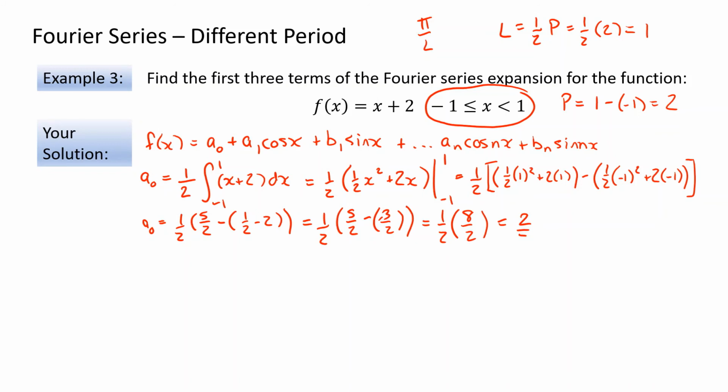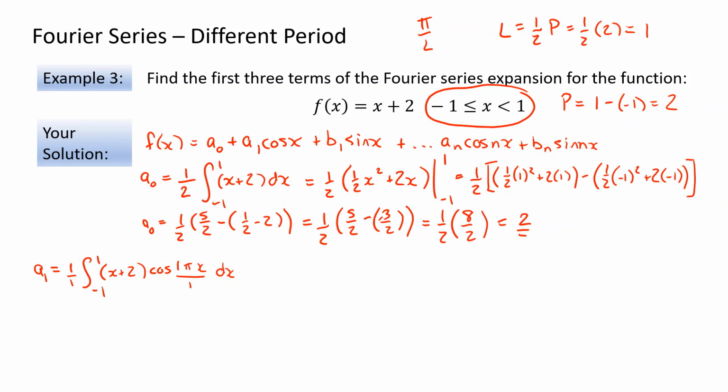It's simply 2. Our second term, a1, in this case, is equal to 1 over L, which is 1 over 1, times the integral from negative 1 to 1 of f(x), which is x plus 2, times cosine of, remember, it's n pi x over L. So n is 1 times pi x divided by L, which is 1.